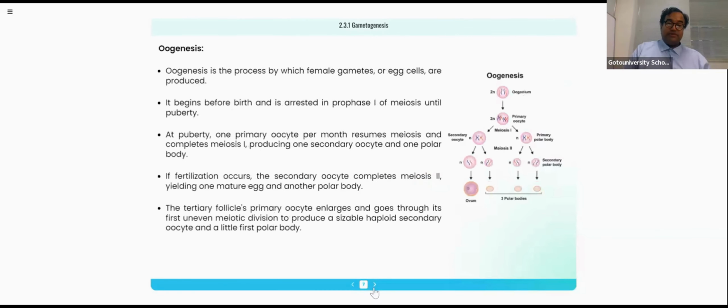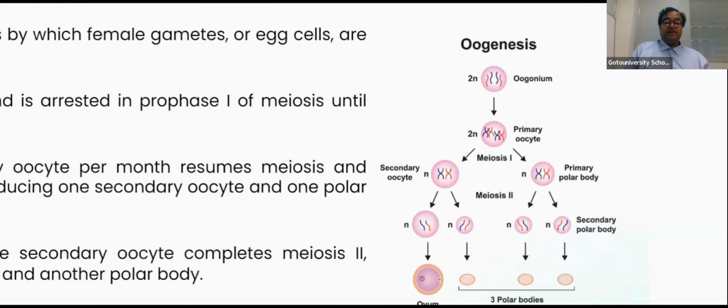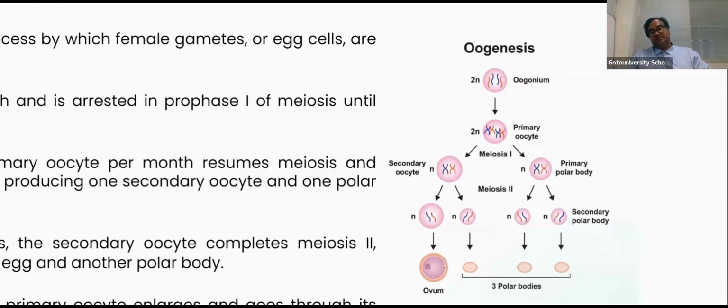After the gametogenesis process, the oogenesis process, which is also the egg synthesis process, basically mimics the sperm synthesis process, but the size and shape are different.